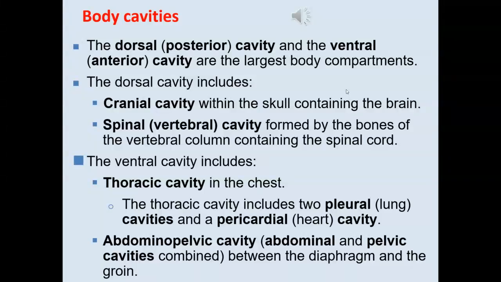The spinal or vertebral cavity is like a tunnel down through the whole spinal column. The spinal column or vertebral column is all these backbones just stacked on top of each other, and there's a vertical hole through each one of them, and those holes form a continuous tunnel all the way through, and that's where the spinal cord is.